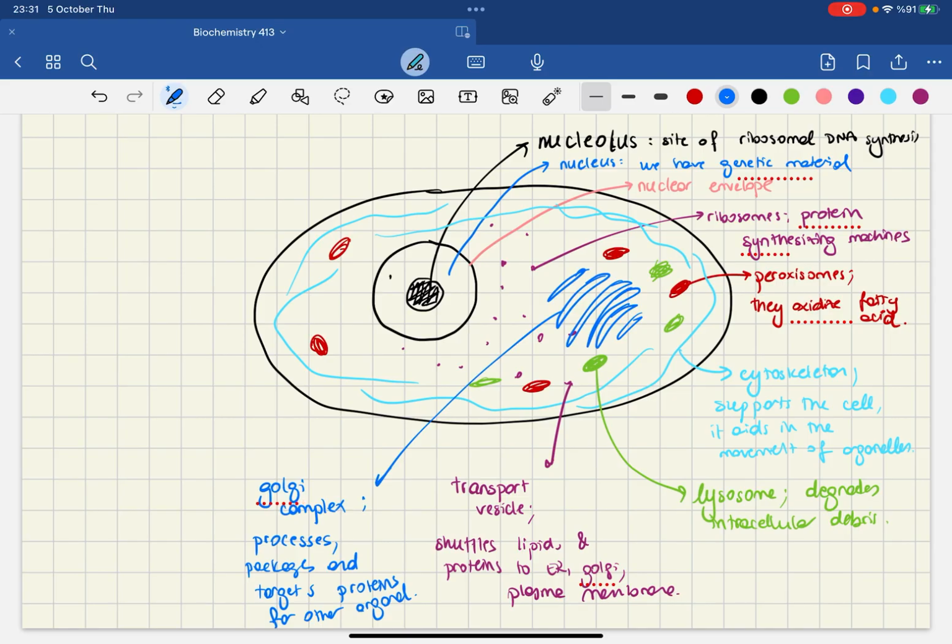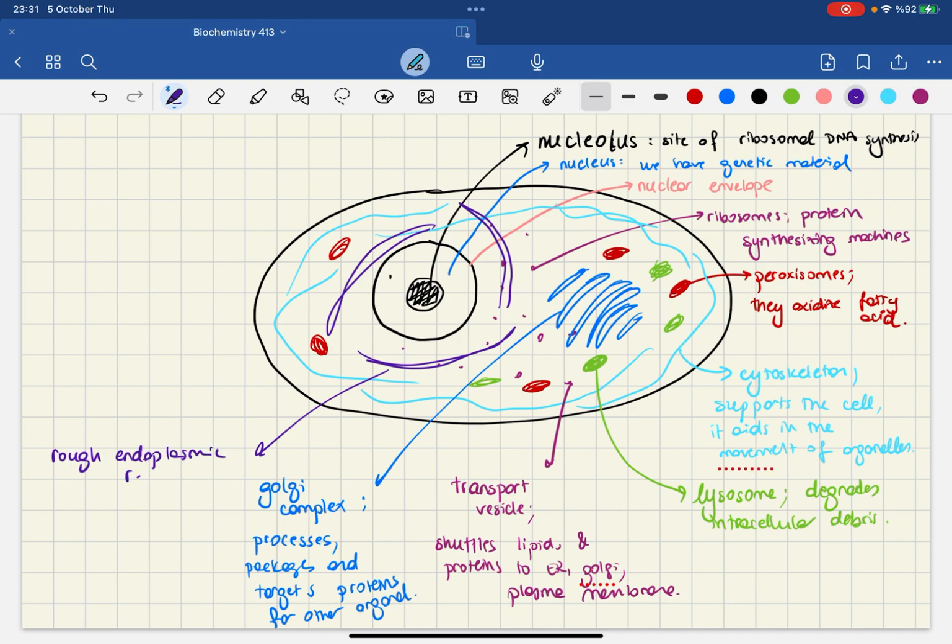Okay, now we have another organelle, which is just near the nucleus. This is the endoplasmic reticulum. This one is the rough endoplasmic reticulum. And we have the smooth one, of course. What does the rough endoplasmic reticulum do?